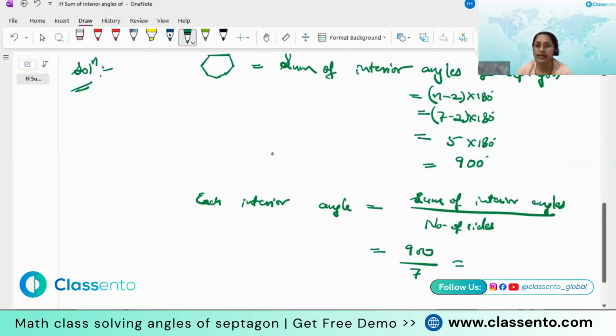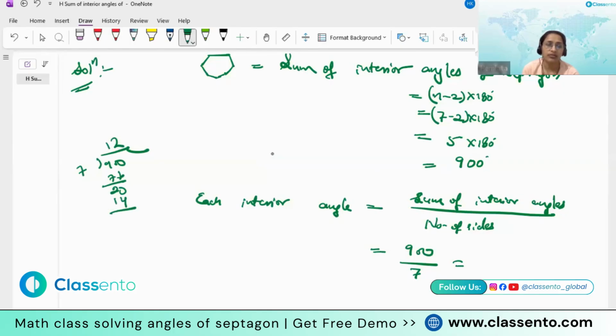And when you divide 900 by 7, what will you get? 900 divided by 7. 7 ones are 7, left 2, bring down 0. 7 twos are 14, left 6, bring down 0. 7 sevens are 49, 7 eights are 56.